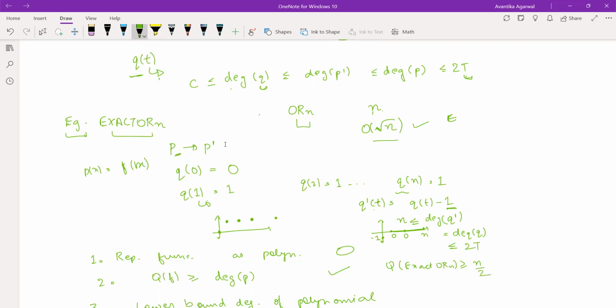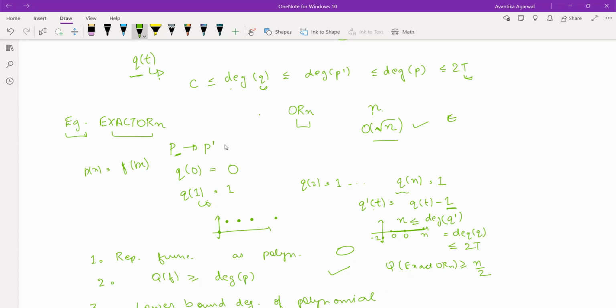So it turns out indeed that we cannot compute this OR function exactly on a quantum computer either, using O(root n) queries. So this gives us a concrete non-trivial lower bound on the query complexity of the exact OR function.